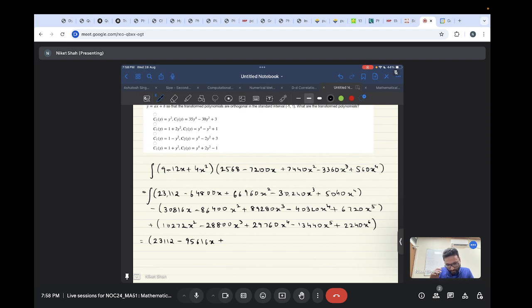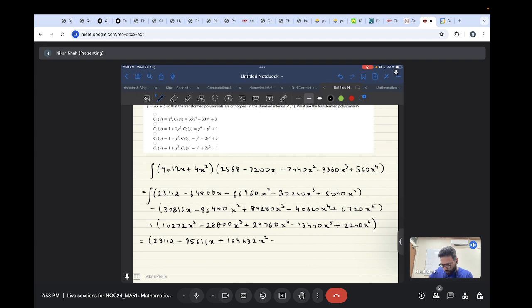So we're dealing with x square right now. This is also plus 10 to 72, 163 632 x square. Minus 30 to 40.